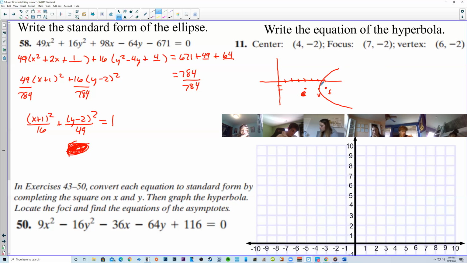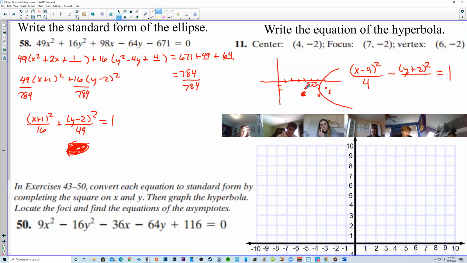So they tell us the center. Now, because this is opening right and left, the x is first. So (x minus 4) squared over something minus (y plus 2) squared over something is equal to 1. Now, the distance from the center to the vertex, that's the a, and it happens to be 2 units. So under the x, because it's going right and left, we're going to put 4 under there.